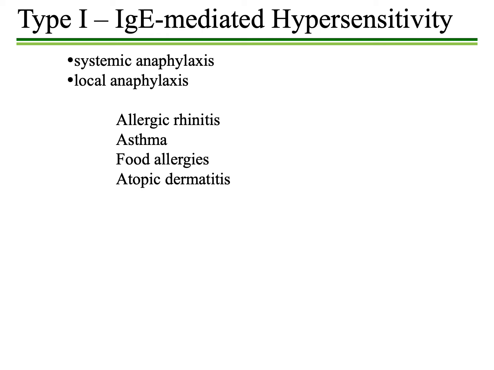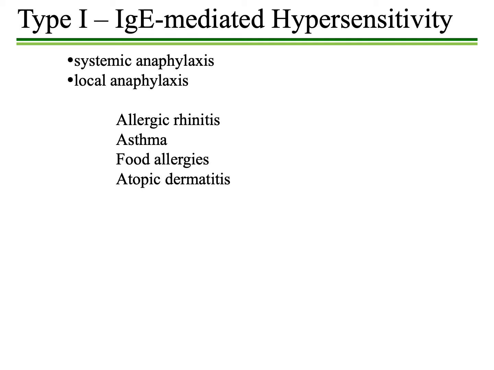Oftentimes, when discussing type 1 hypersensitivity or IgE-mediated hypersensitivity, we can discuss two broad categories of the type of effect found in an individual. The first one is known as a systemic anaphylaxis response.